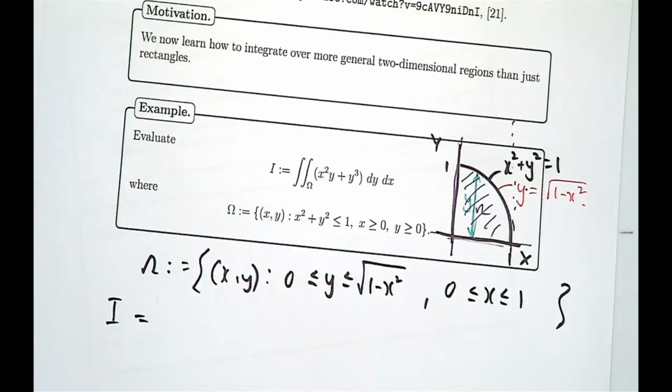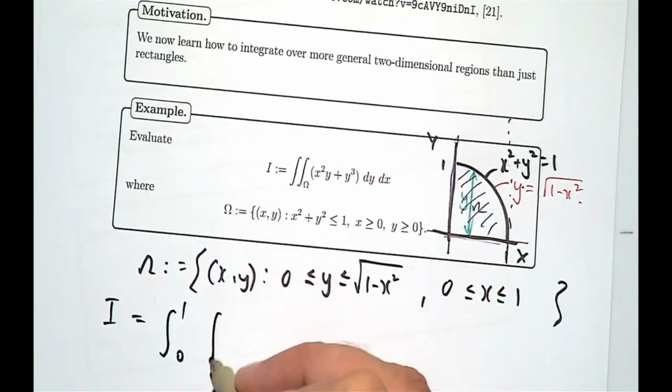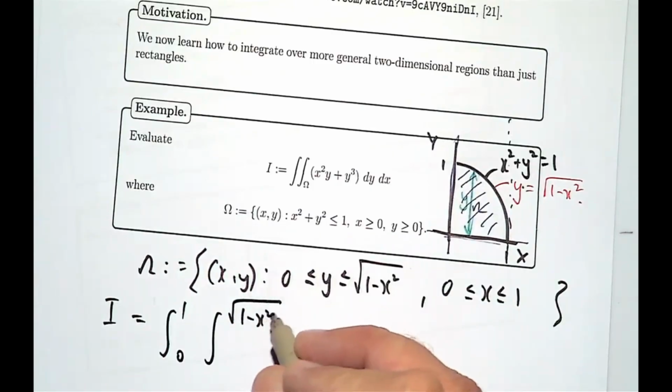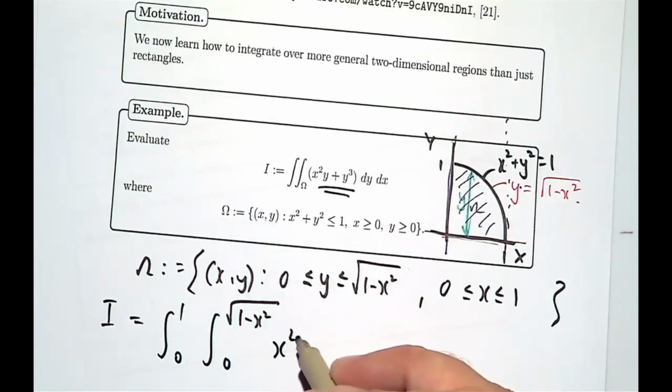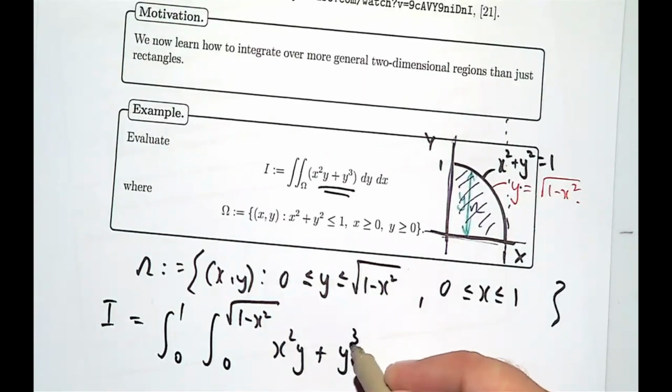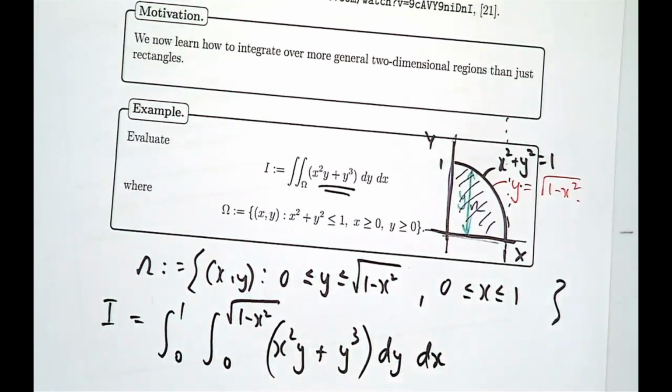So I'm going to set this up like this. The function doesn't change, it's just that we've put the limits of integration into our double integral.